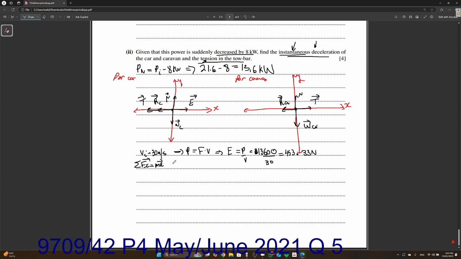So for the car, since we're moving to the right, it's going to be E minus R minus T is equal to ma. Okay, this is for the car.